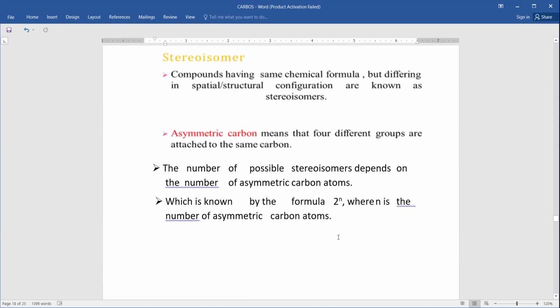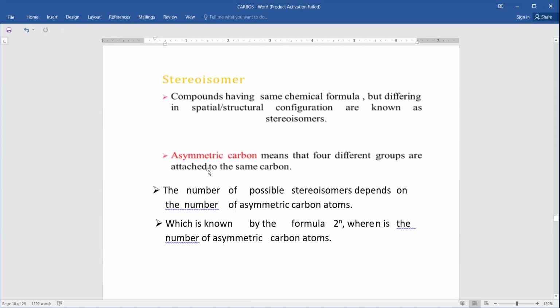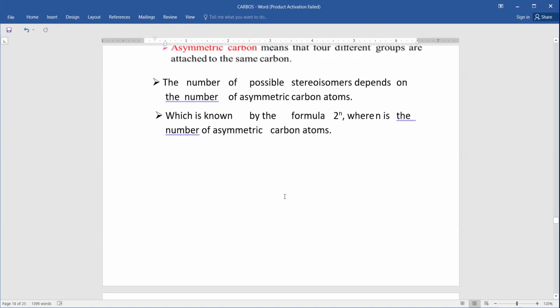Another important thing is that the number of asymmetric carbons decides how many stereoisomers can be formed by a single monosaccharide. There is a simple formula for that.